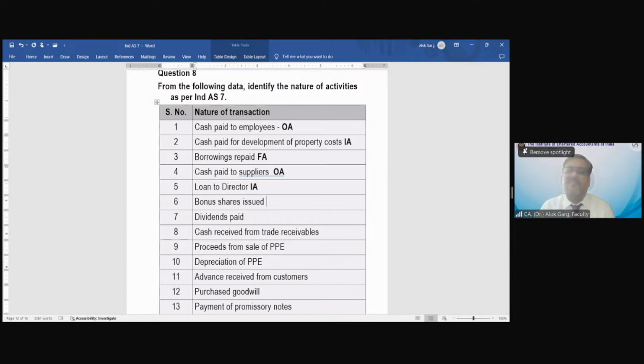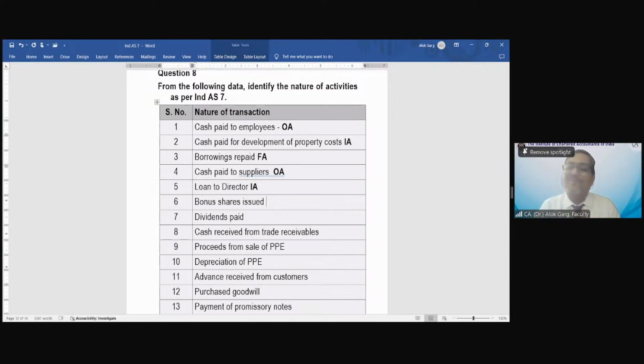Non-cash activity. So guys, if you stick to the ground, you will fly high. The basic rule to fly high is to stick to the ground. Stay humble. And when I'm saying stay humble, I'm not telling you about your nature.